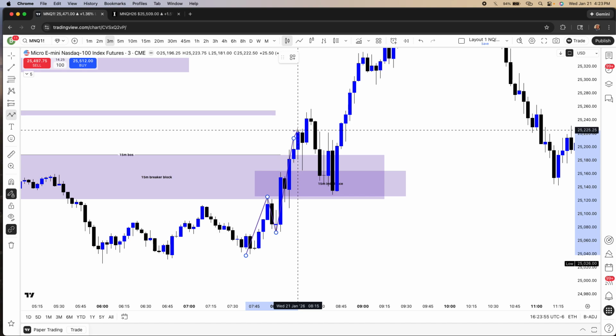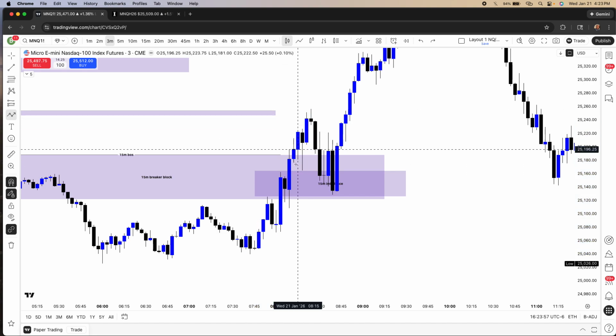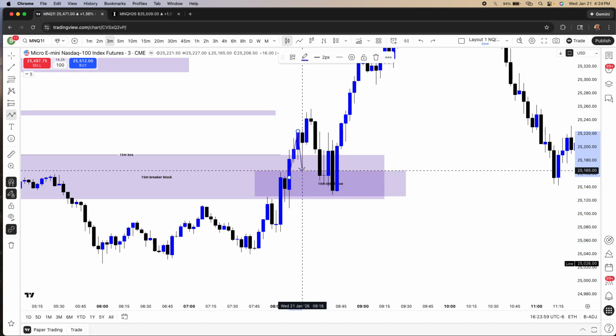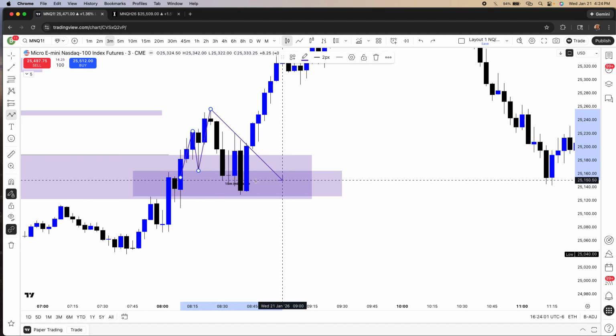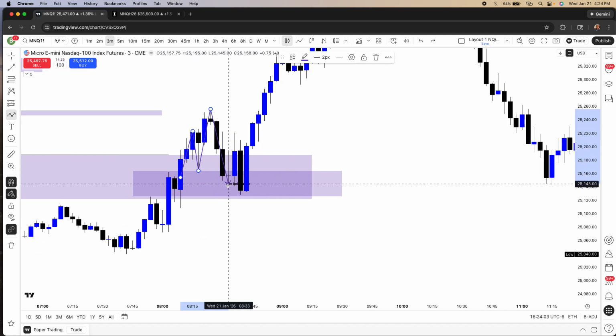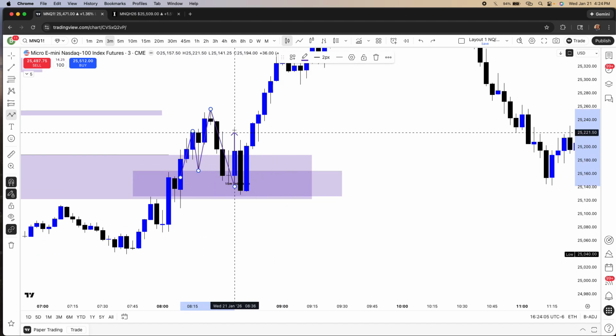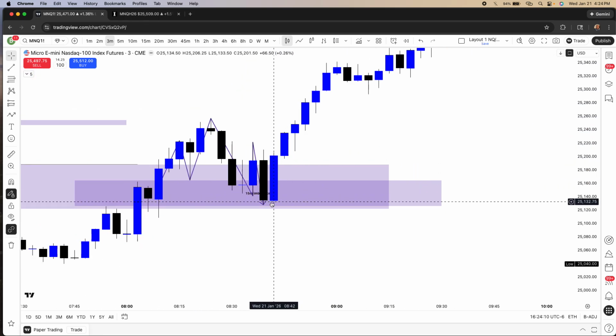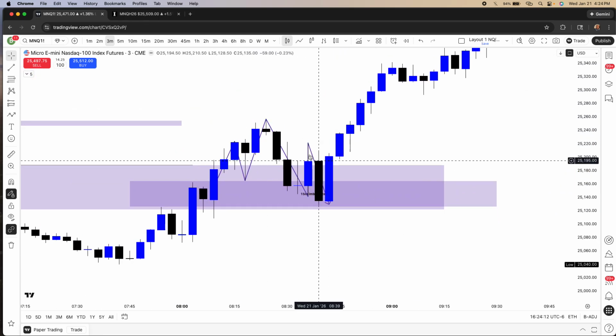Higher high, higher low, higher high, lower low, lower high, lower low. So with this being the breaker block, I was anticipating that this is now the pullback.